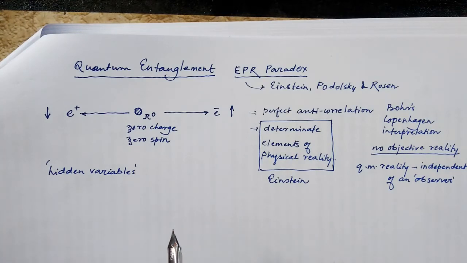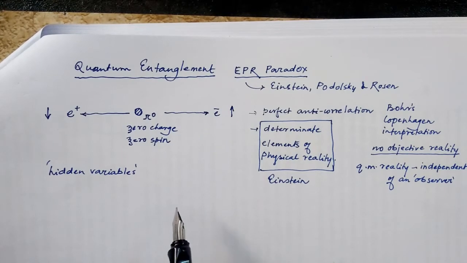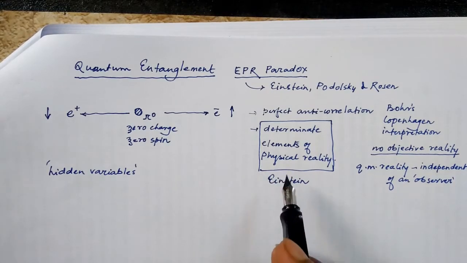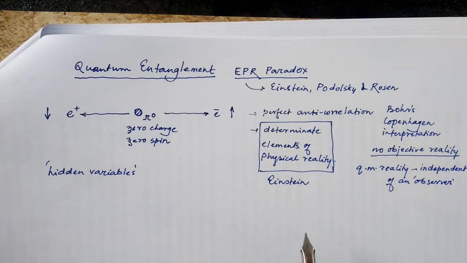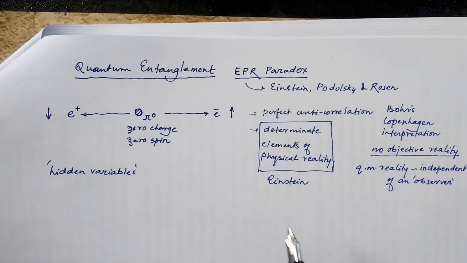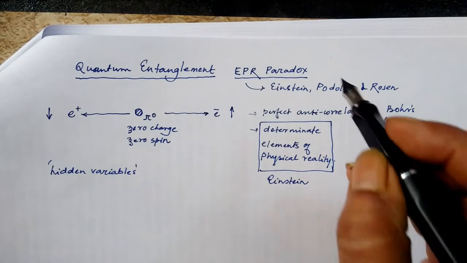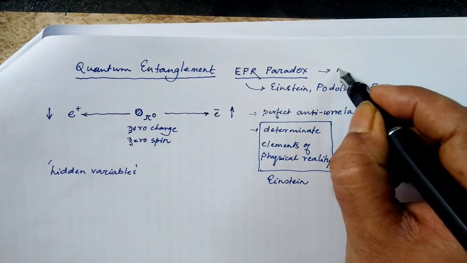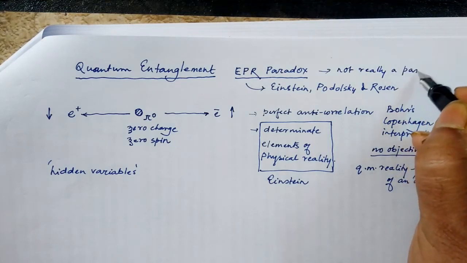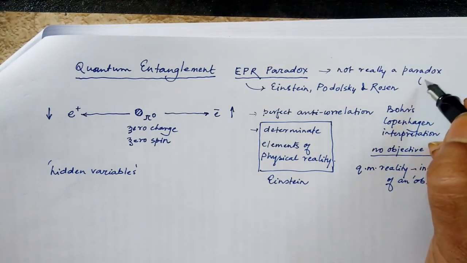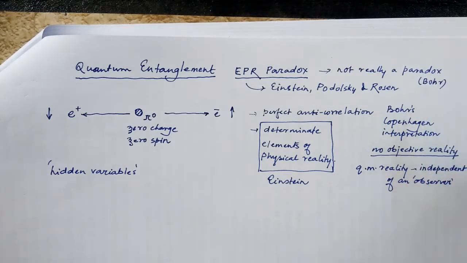So there had been frantic activity for several months to form a response to Einstein's challenge, and then Bohr declared that this EPR paradox is not really a paradox. This was according to Bohr.